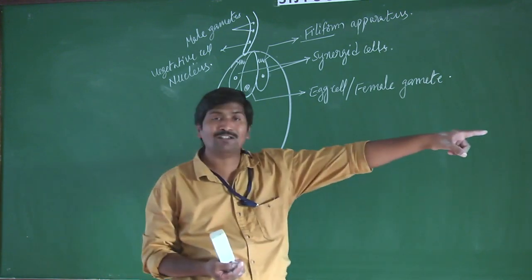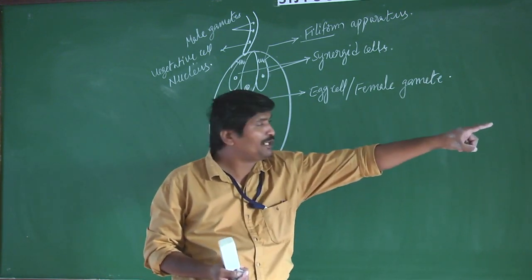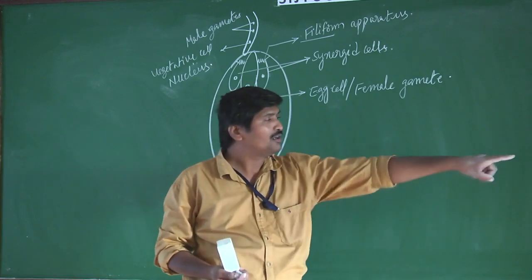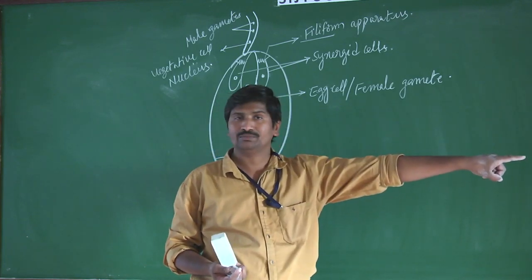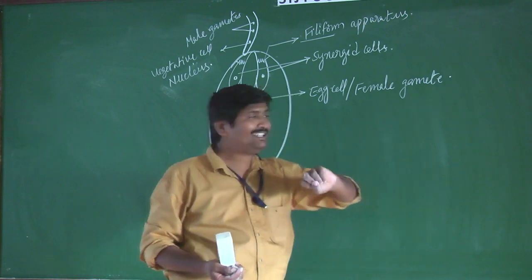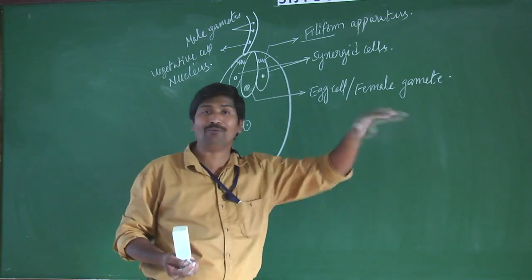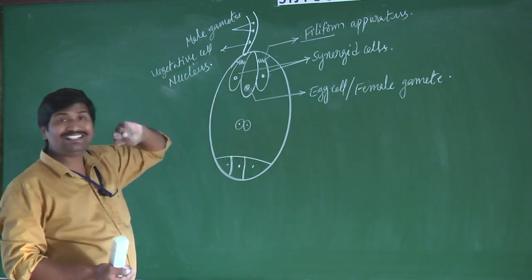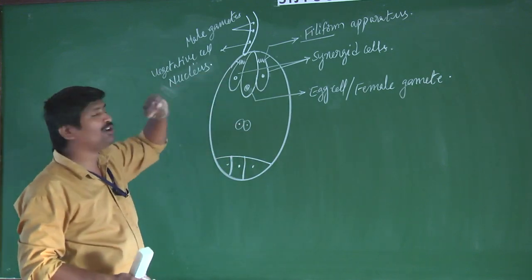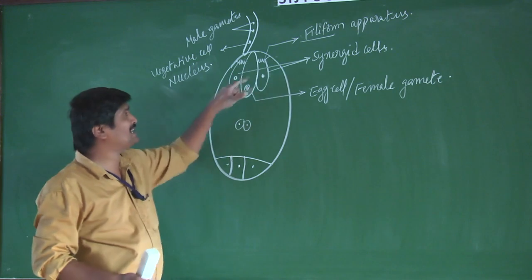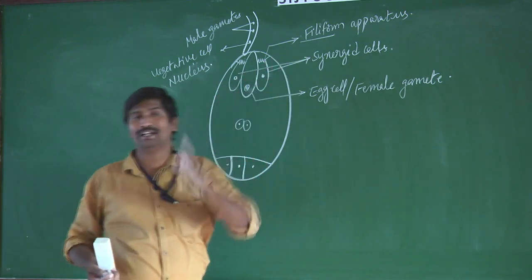Which one is responsible for the entry of the pollen tube into the ovule? The micropyle is responsible for the entry of the pollen tube into the ovule. Which one is responsible for the entry of the pollen tube into the embryo sac? The filiform apparatus.